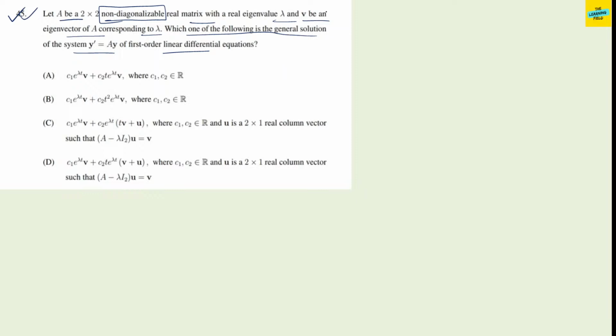First it is noted that the matrix is not diagonalizable. That means AM is not equal to GM, for sure.